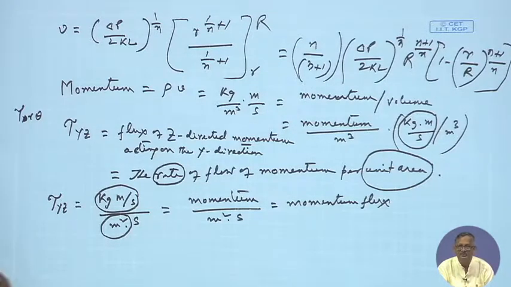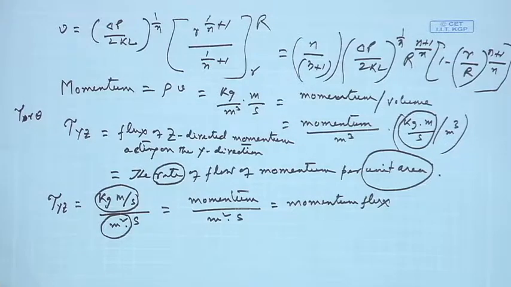Any flux is that thing per unit area per unit time. If it is momentum, momentum; if it is heat, heat; if it is mass, mass, whatever it be, the flux of that thing means per unit time per unit area. So, this is true whether it is for momentum or for heat or for mass.